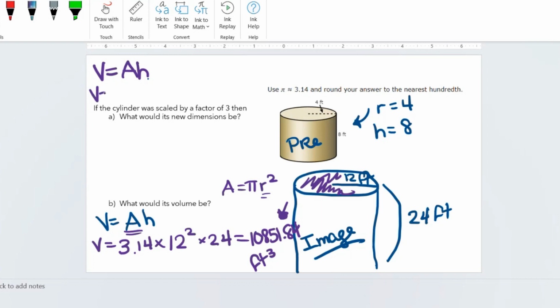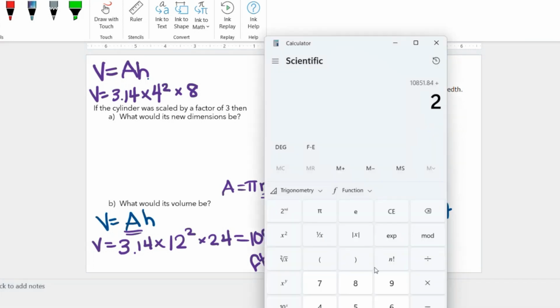Since it's still a circle up top for my base, I'll still use the same formula for area, 3.14 times the radius squared times the height. Now I'm going to get my calculator and find the volume of this first image that we had.